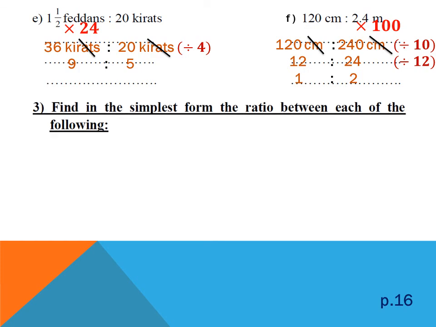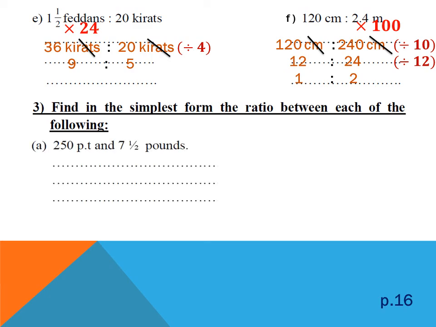Find in the simplest form the ratio between each of the following. 250 piasters and 7.5 pound. Here the larger unit is pounds. 7.5 pounds, I need to convert it into piasters. Why? Because we need to find the ratio between these two quantities. 250 piasters to multiply 7.5 by 100, it's equal to 750 piasters.